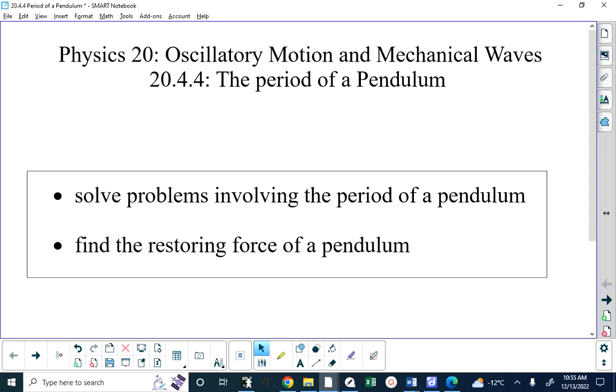For a vertical spring, the restoring force is complicated because gravity is at play there as well. So the restoring force is created by considering both the force of gravity and the spring force. For a pendulum, the restoring force is related to the force of gravity but is not the force of gravity, and we'll get to that.